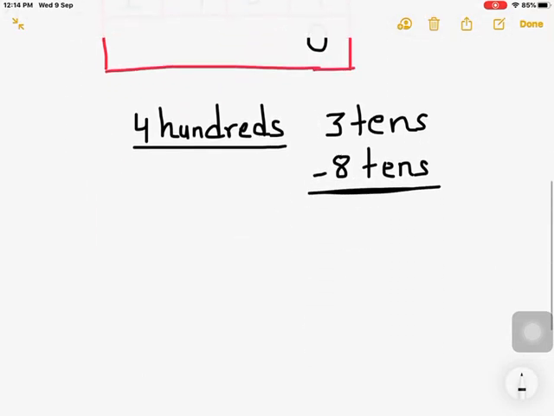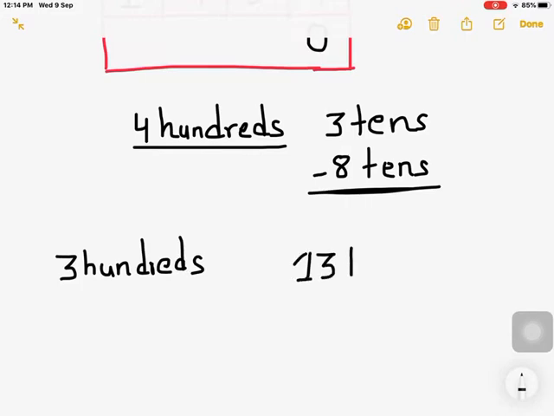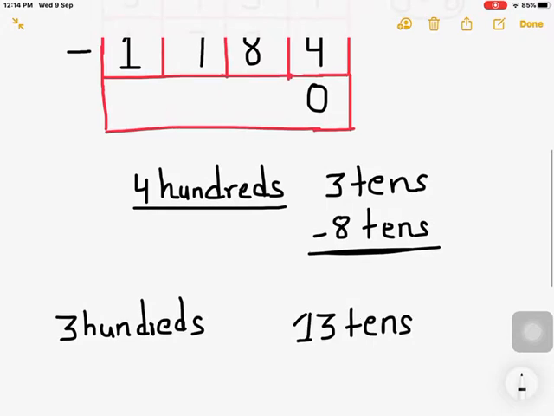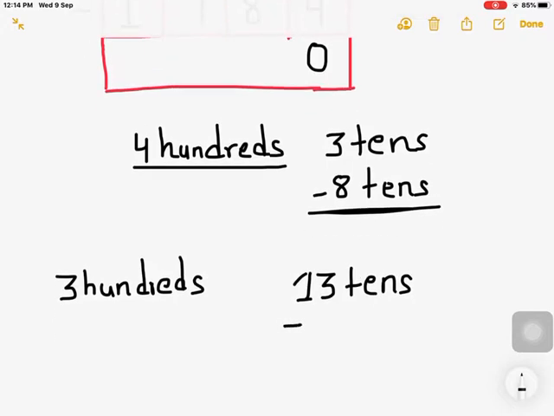Do you know? Here it will remain 300, 300s, and here it becomes 13 tens, isn't it? 10 tens, it will give 10 tens means 100, so here it becomes 13 tens minus 8 tens. It will be in this way.